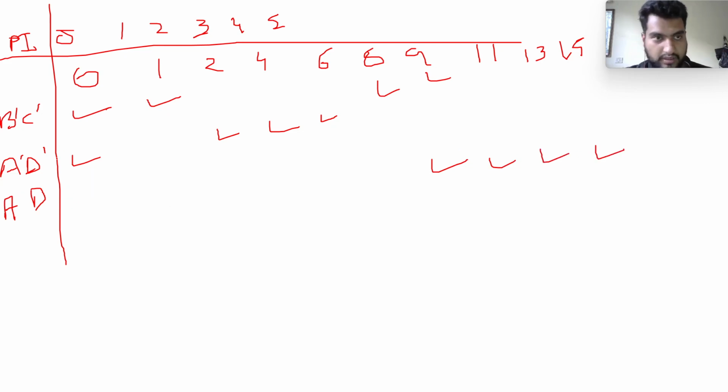So this is an essential prime implicant, and for this 2 4 6, this is an essential prime implicant. So the simplified expression will be B complement C complement plus A complement D complement plus AD.